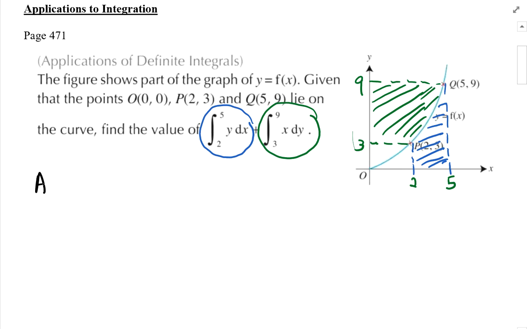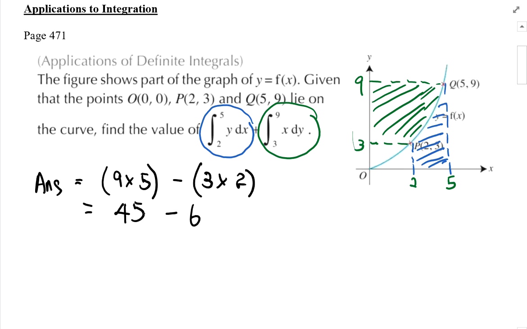The answer required is the big rectangle, which is 9 times 5, subtract off the small rectangle, which is 3 times 2. Quick calculation, so the required area is actually 39.